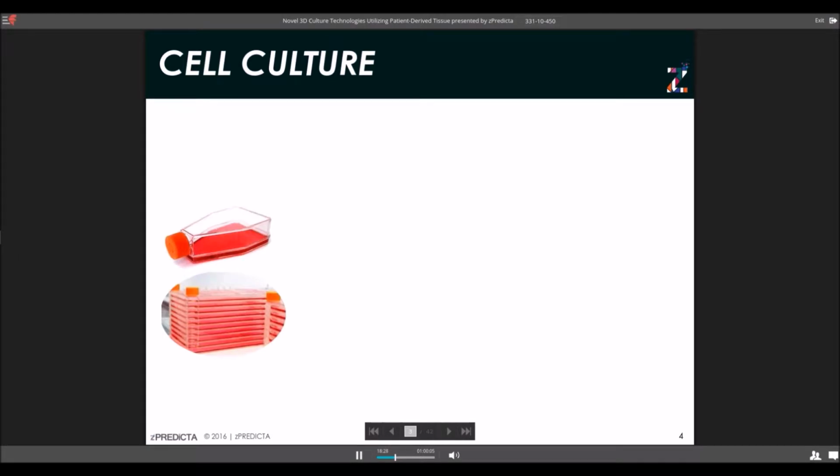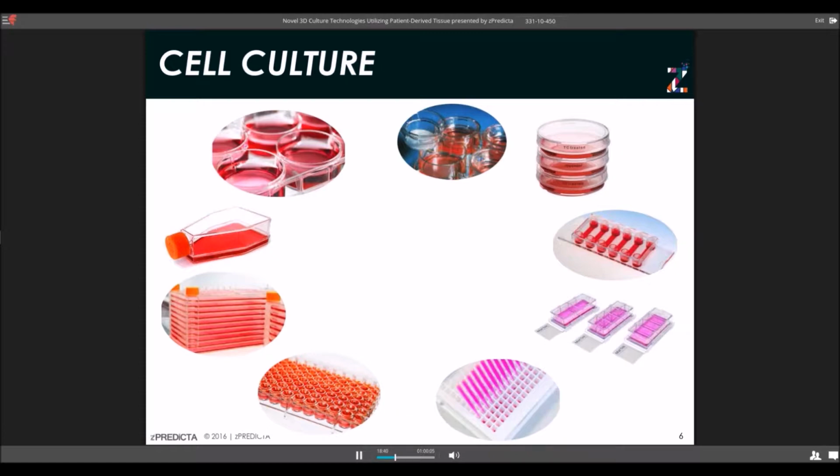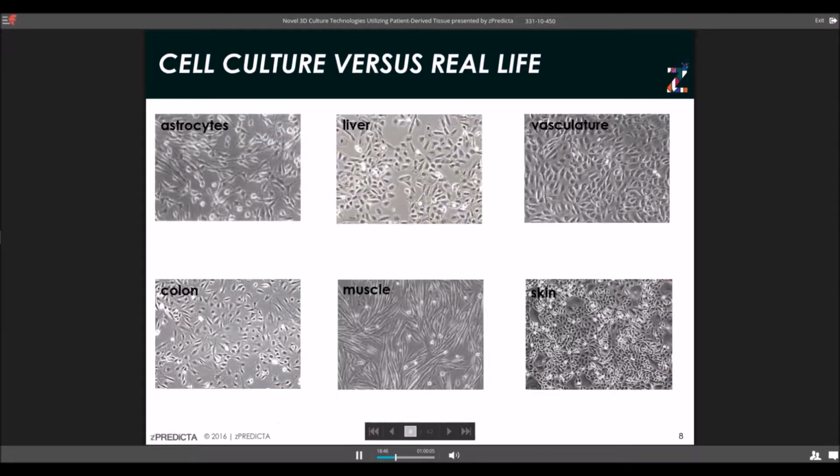So cell culture has been around for a while, and we all know we've grown cells in flasks and dishes and slides with various numbers of wells and numbers of reservoirs, different media, but the conventional methods in the end of the day give you a flat monolayer of cells.